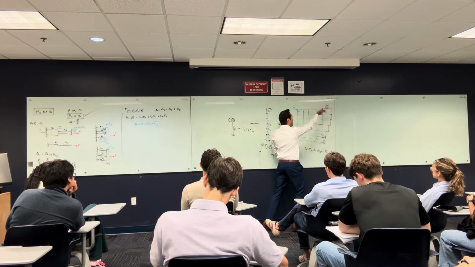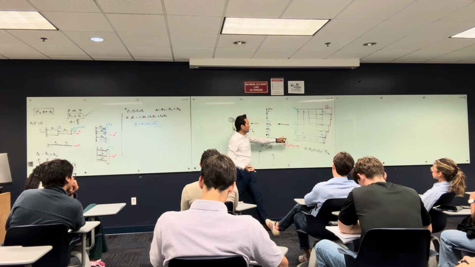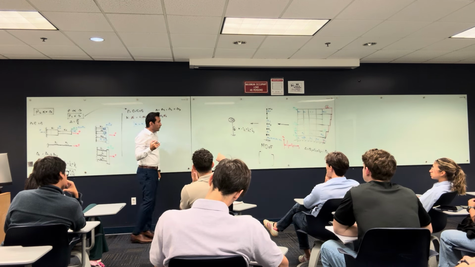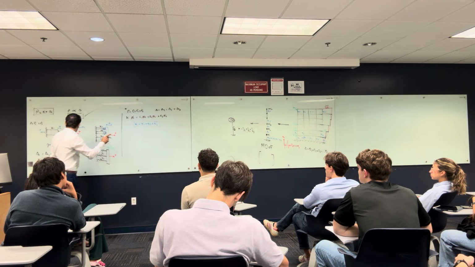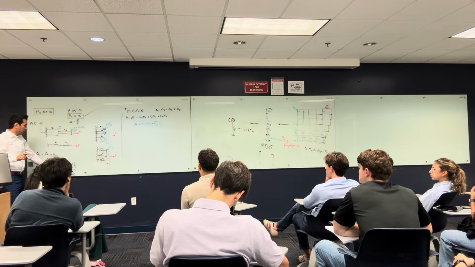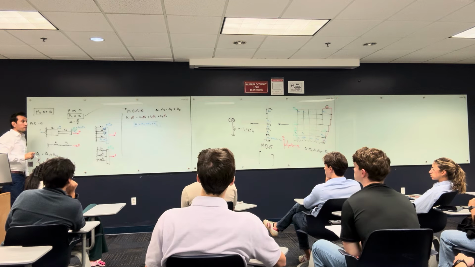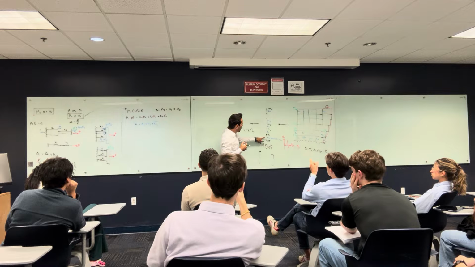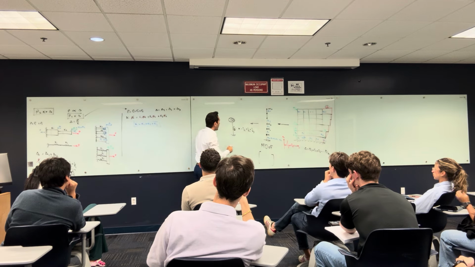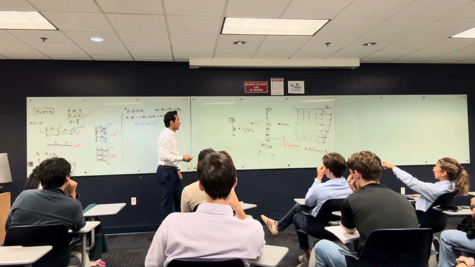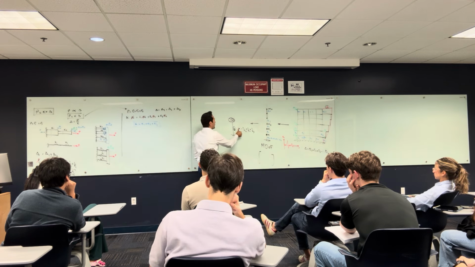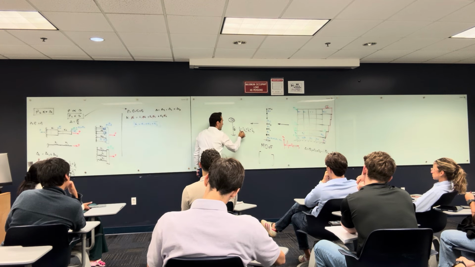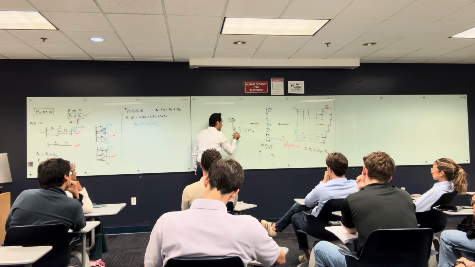This one is the series stiffness: 1 over K equals 1 over K1 plus 1 over K2. I know it's confusing. Sorry, this should be 1 over K. Alright, and then once you find the summation, you flip it, and then you get the total K.